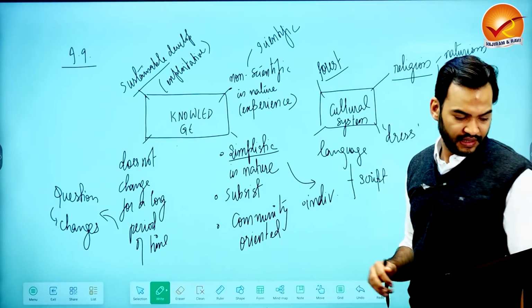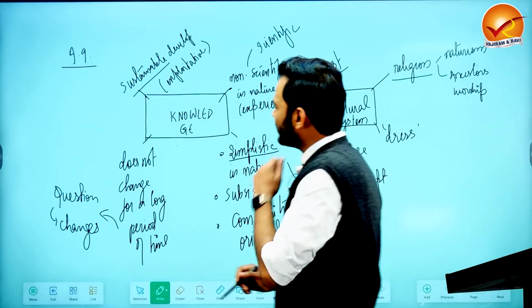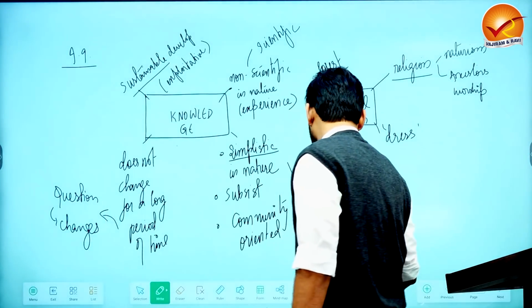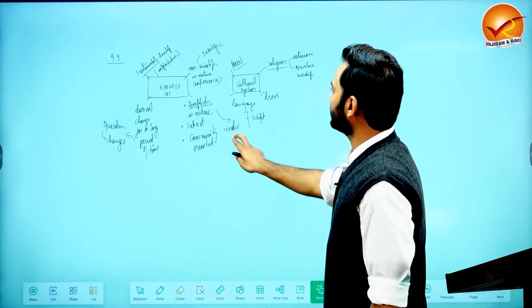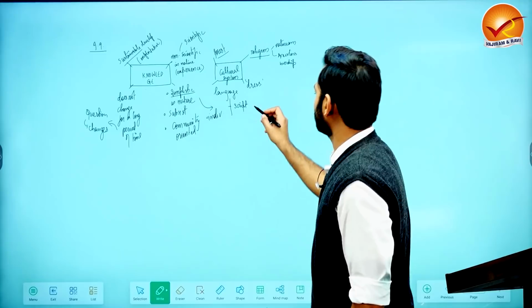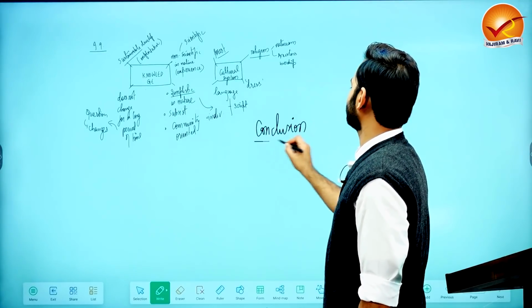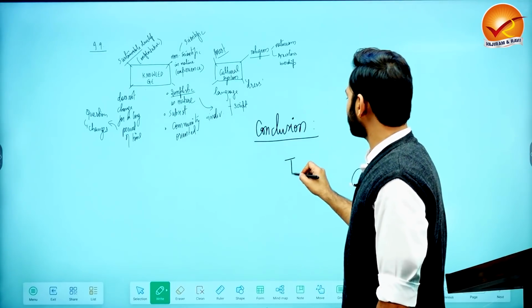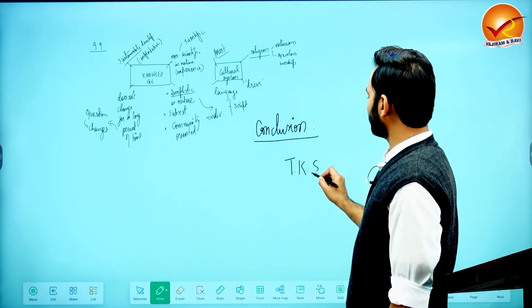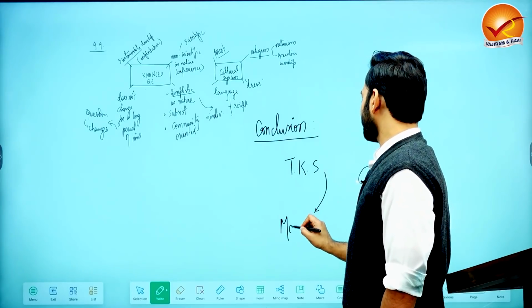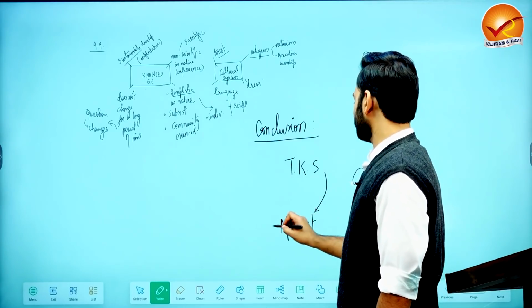So this is your answer number 9. And in conclusion, what can we write here? In conclusion, we can say that there is a continuous interaction between tribal knowledge systems and mainstream knowledge system.